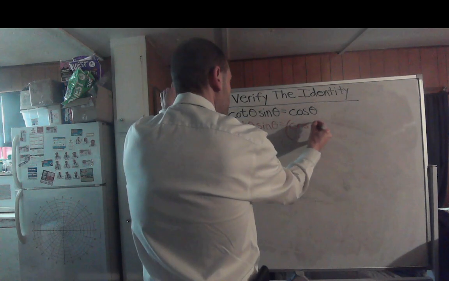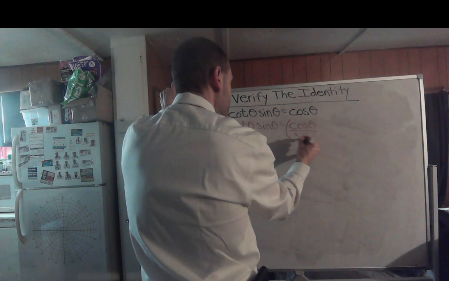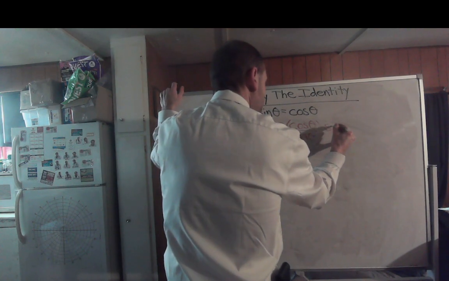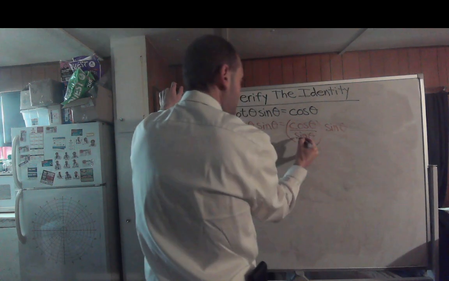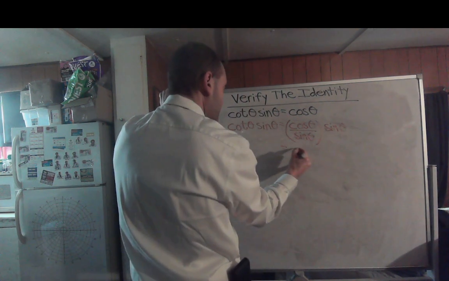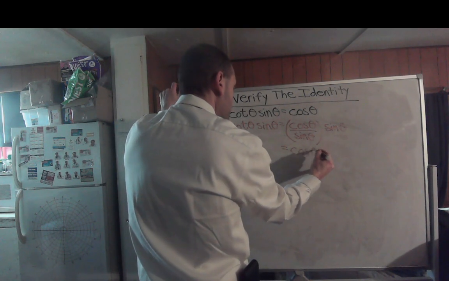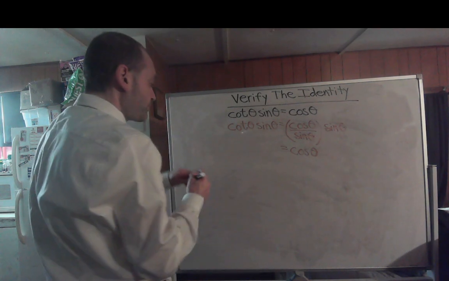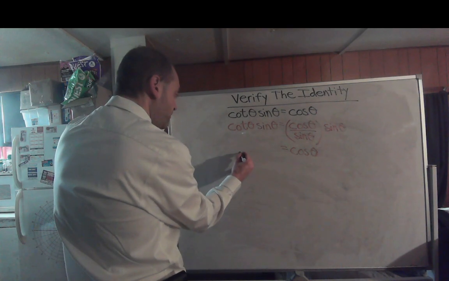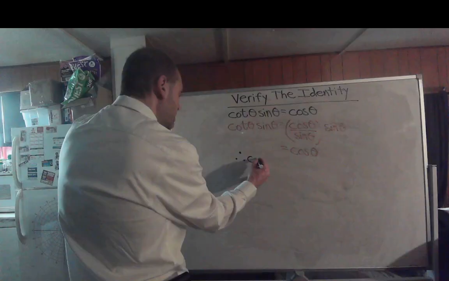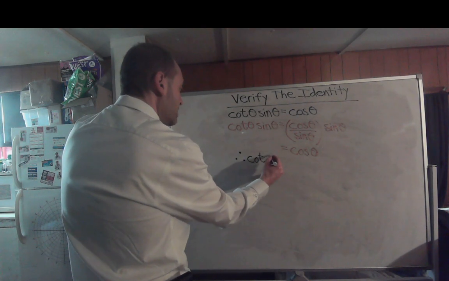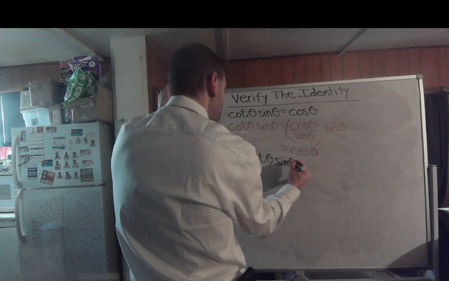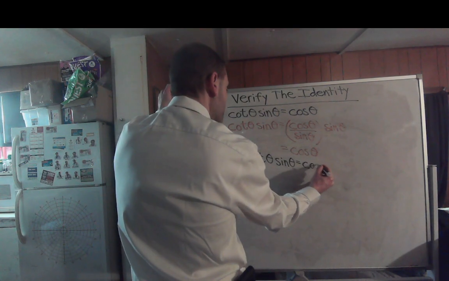So that equals the cosine of theta divided by the sine of theta, all that times your sine of theta. Well, your sines cancel out. You're literally just left with the cosine of theta. We were able to do that in about 2 steps. So you can say, therefore, the cotangent of theta sine of theta equals the cosine of theta.